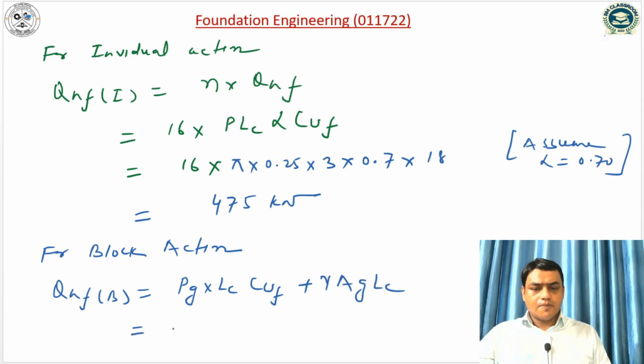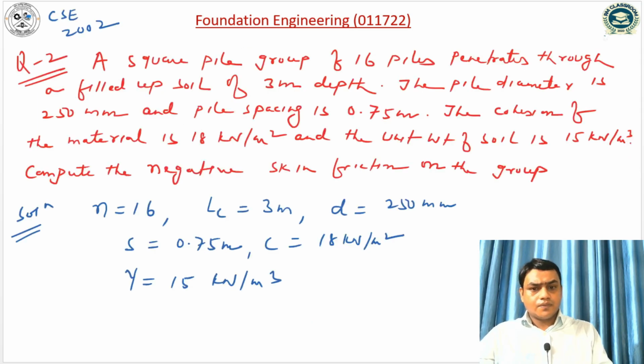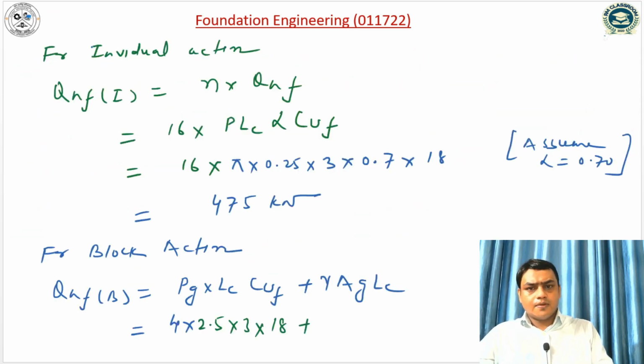The perimeter is 4B, and B we have already computed as 2.5. So 4 into 2.5 into 3 into 18, plus unit weight 15 into area of group 2.5 squared into 3.